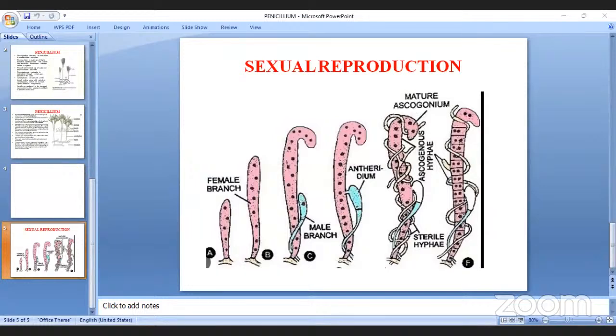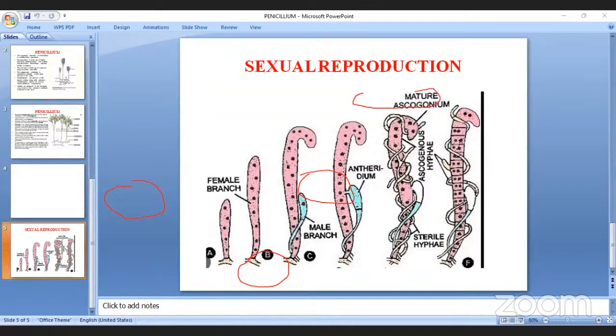Sexual reproduction in Penicillium. The male branch is small, slender, elongated and spiral; it is called the antheridium. The female is an elongated, club-shaped structure called the ascogonium.